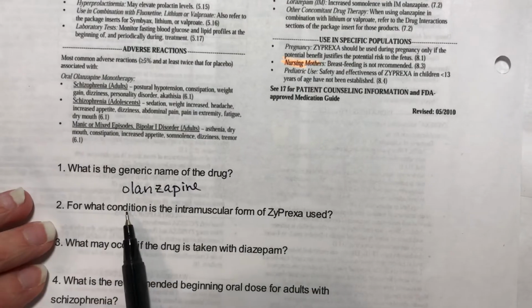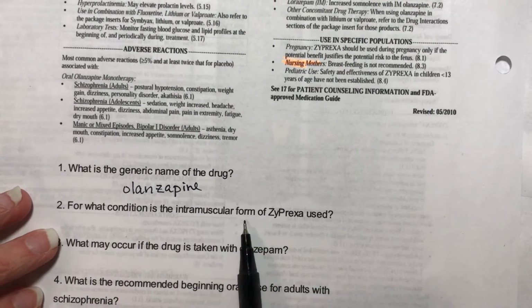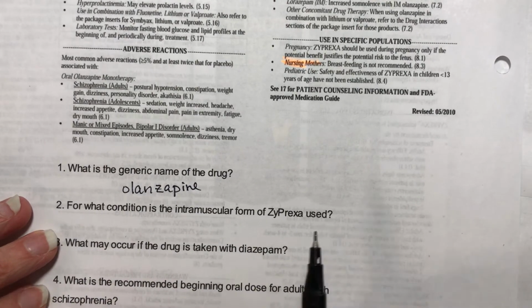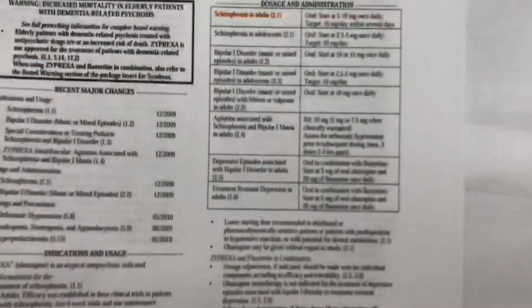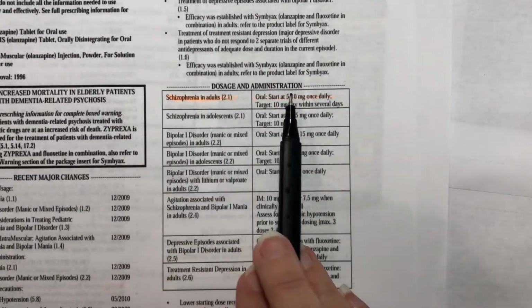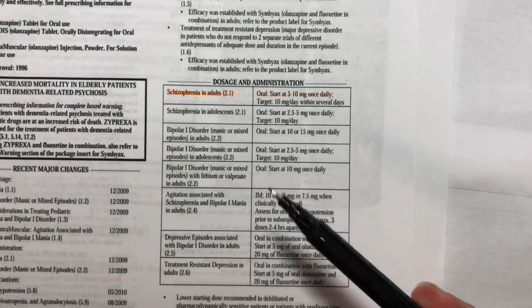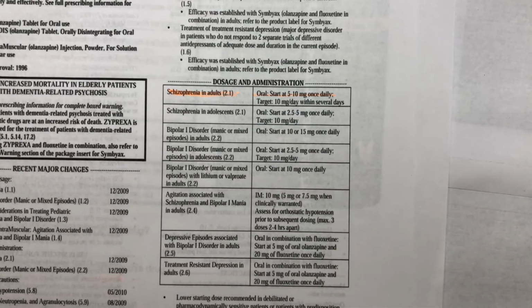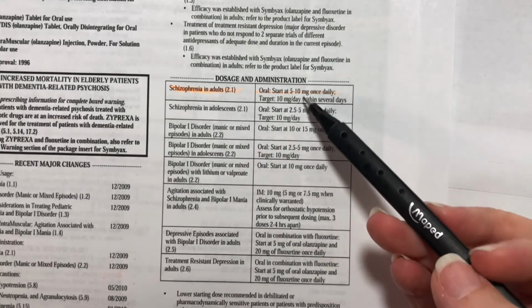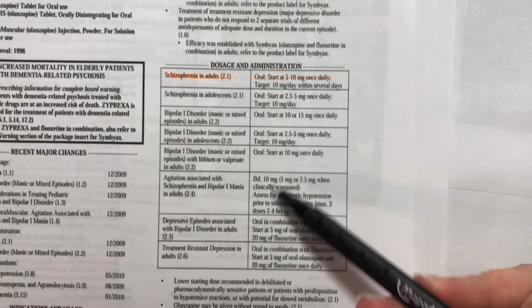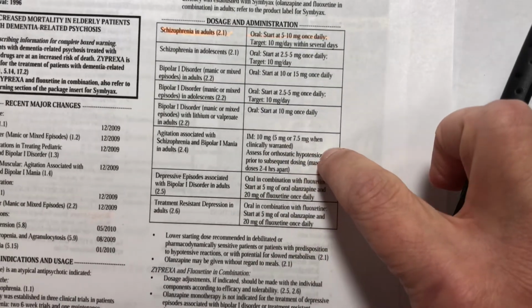For what condition is the intramuscular form of Zyprexa used? Okay, so I need to go through all of this and see right here it says dosage and administration. Okay, is that what I'm looking for? Intramuscular form. Oral. Intramuscular right here.